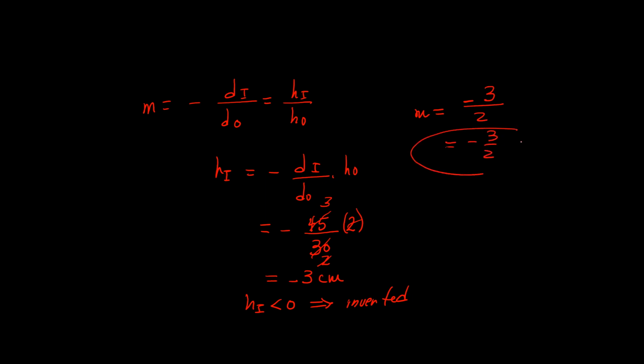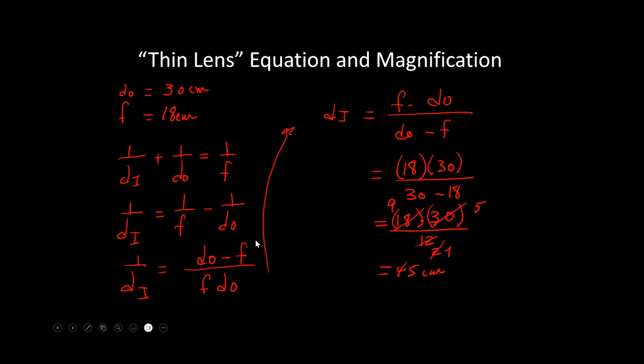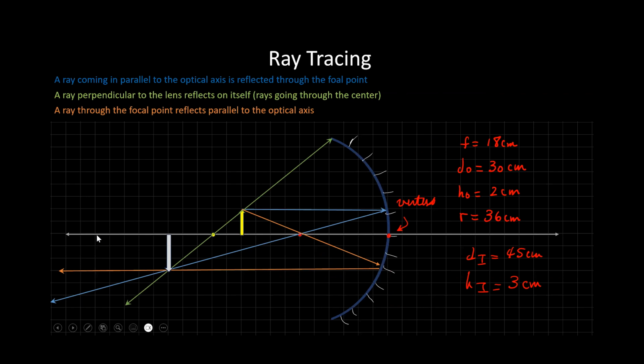It's 1.5 times as large. Okay. Between 2 and 3 is 1.5 times large. But here we computed H sub I, and H sub I is negative, meaning it's inverted, which matches again our ray tracing.